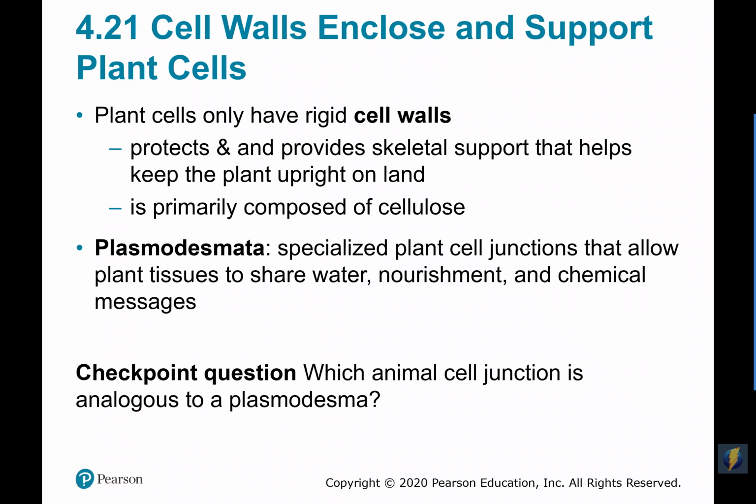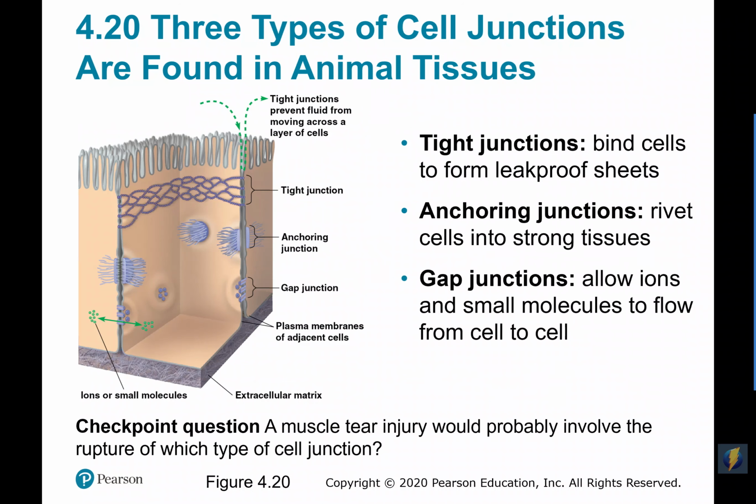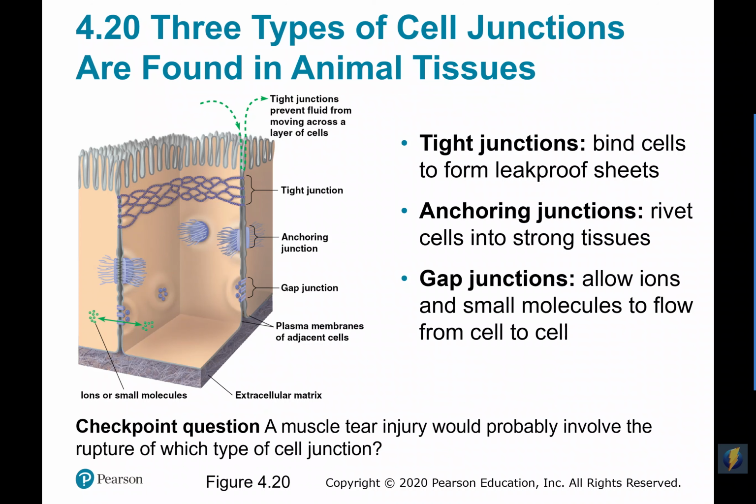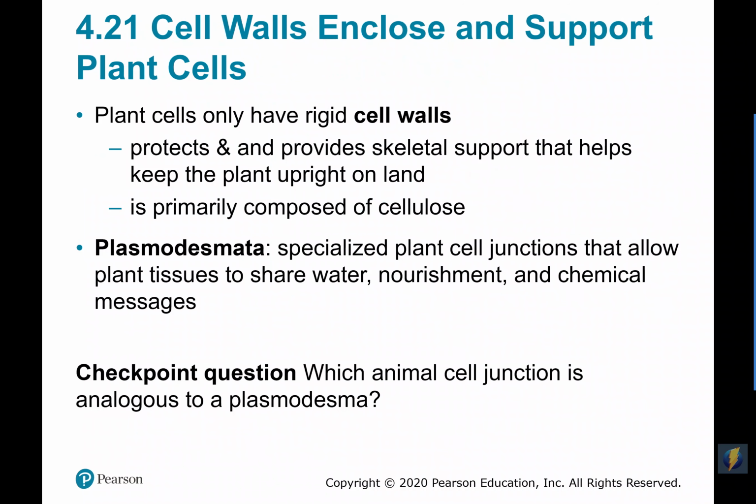So the cell junctions here and the extracellular matrix are structures that we find in animal cells. So let's talk about some stuff that we find generally only in plant cells. One of these things is a cell wall, which is a rigid structure, much more rigid than the plasma membrane. So the cell wall provides additional support, particularly because we have all these plants that have to stay upright on land.